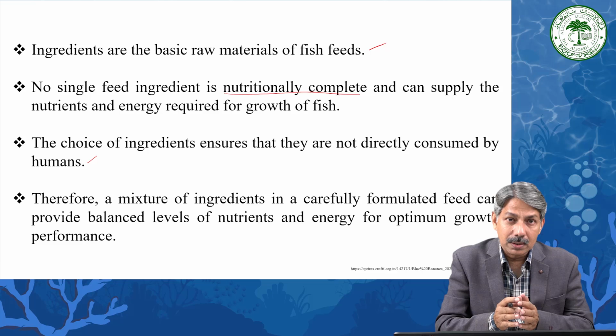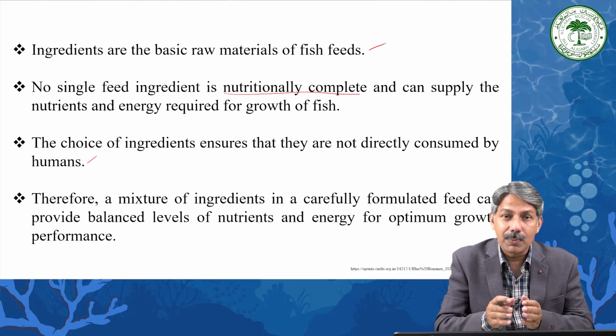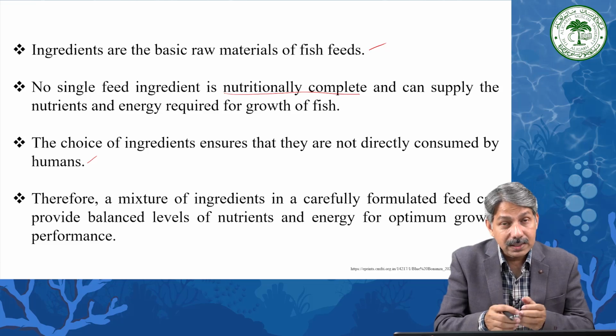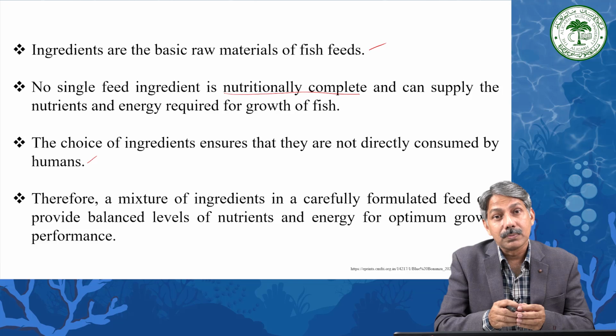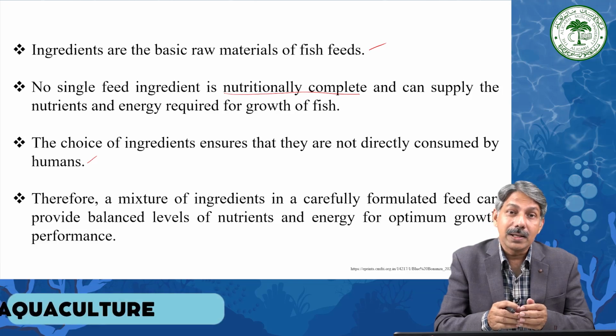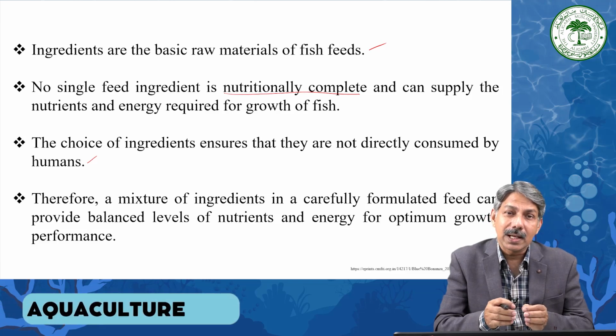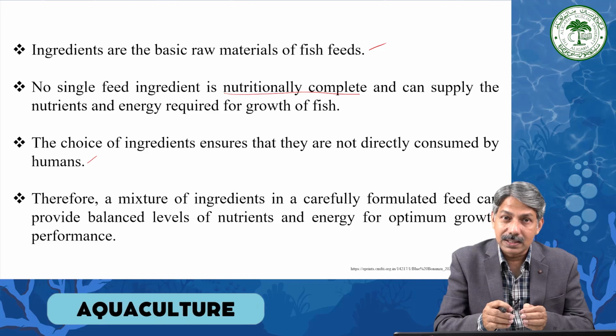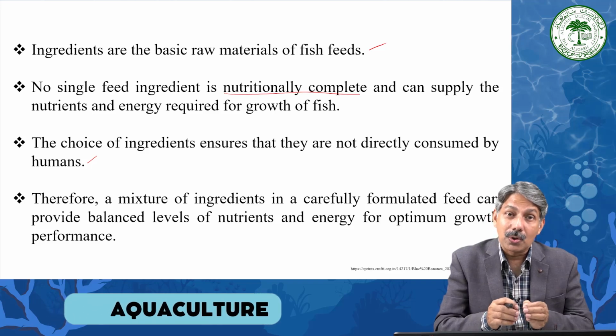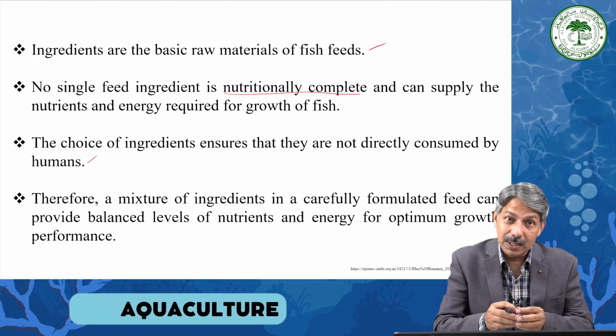So, the first thing is we should know the different nutrient requirements of the fish species that we are going to culture. And then we should also know how these requirements can be met by carefully choosing a variety of feed ingredients, and that too should not be directly consumed by human beings.